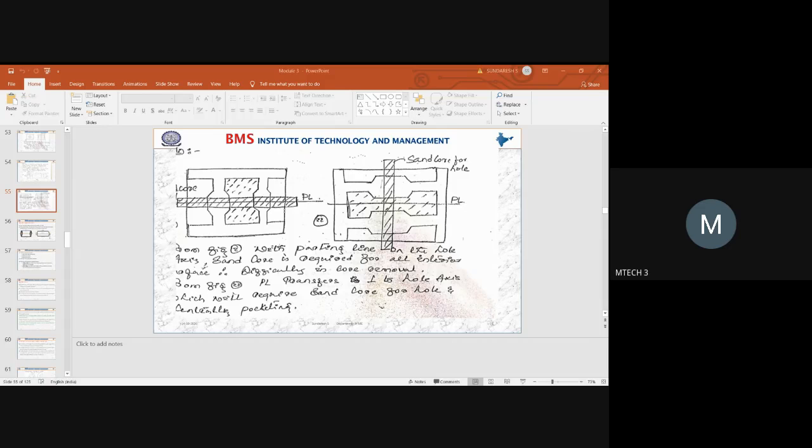Okay, so if you have a little bit of common sense and a little bit of knowledge, definitely these kinds of problems can be solved very easily. Okay, so any clarification, anybody can ask. Otherwise, we will just wind up for this class, and in the fourth hour, I will be starting with the design considerations for welding.